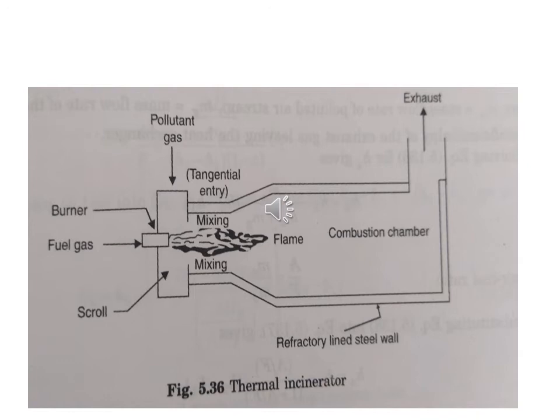Then the outlet, we can see that there is a chamber. The chamber temperature is maintained at 500 to 800 degrees Celsius. So the polluted gas is mixed in this inlet. It mixes with this fuel gas, and a flame occurs. It passes through this chamber, and an exhaust is also provided at the end of this incinerator.